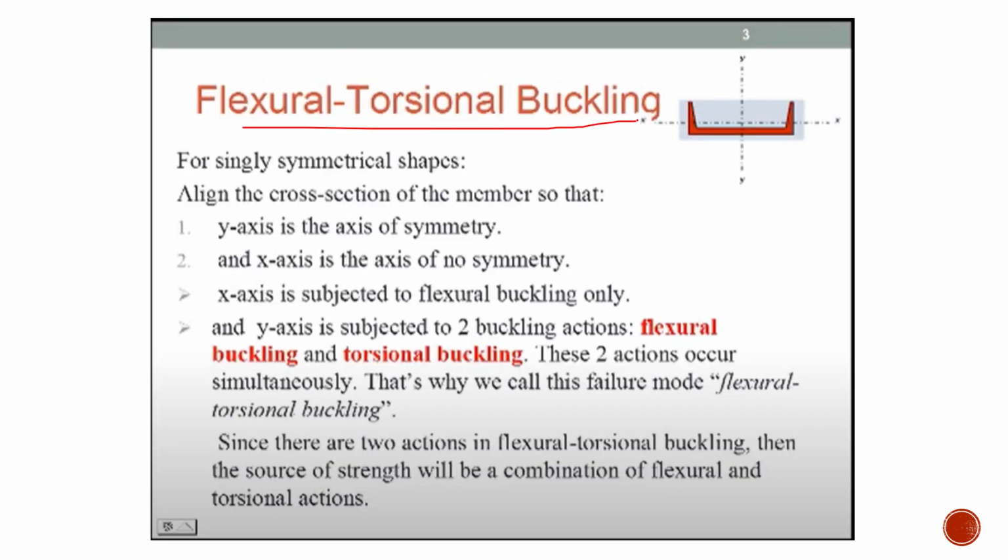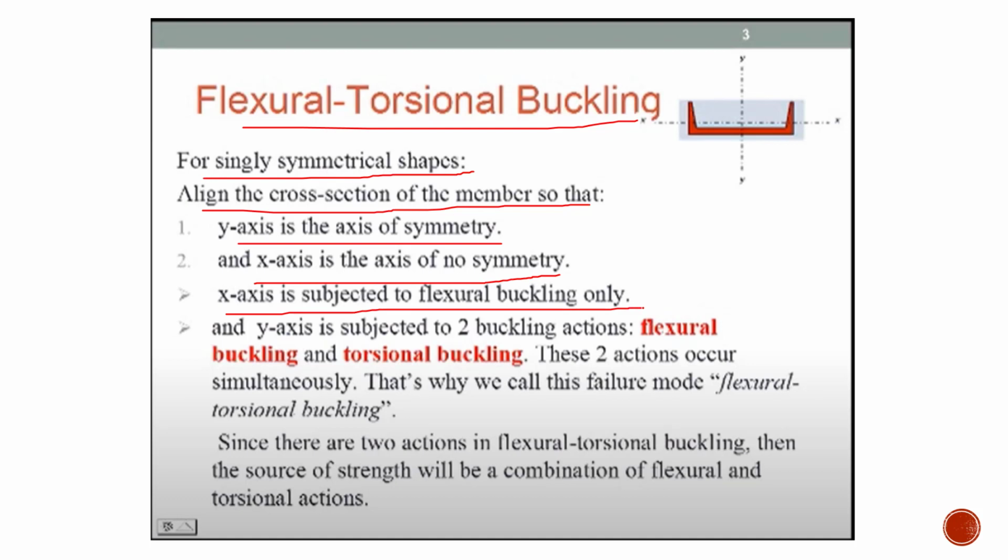The flexural torsional buckling. For singly symmetrical shapes, align the cross section of the member such that you can see here a channel section, which is symmetric about the y-axis and unsymmetric about the x-axis. So the y-axis is the axis of symmetry and the x-axis is the axis of no symmetry. The x-axis is subjected to flexural buckling.